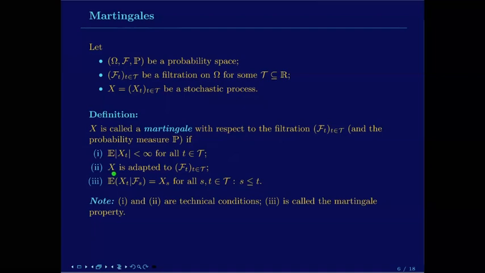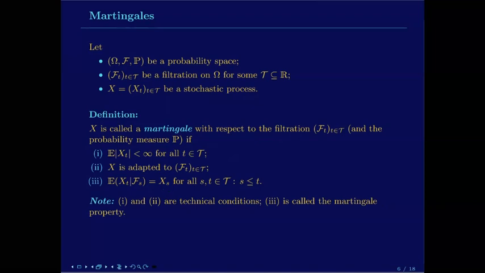secondly, the stochastic process X is adapted to the filtration. So the information provided by the stochastic process is contained in the filtration. And finally, so that is the main property, the so-called martingale property, the expectation of X_t given the sigma algebra F_s, so the information up to time s, equals the value of the stochastic process at time s, equals X_s.